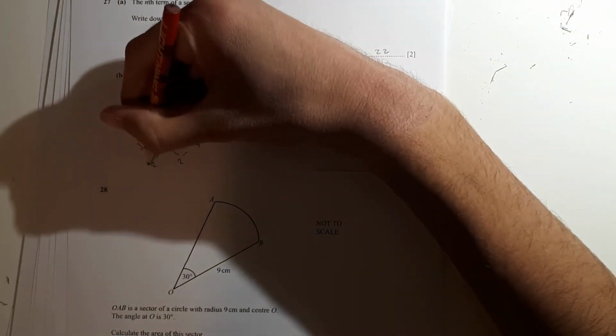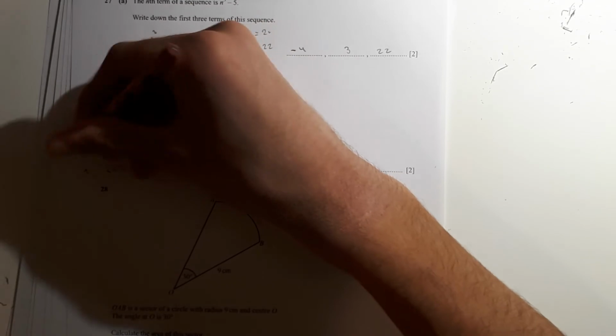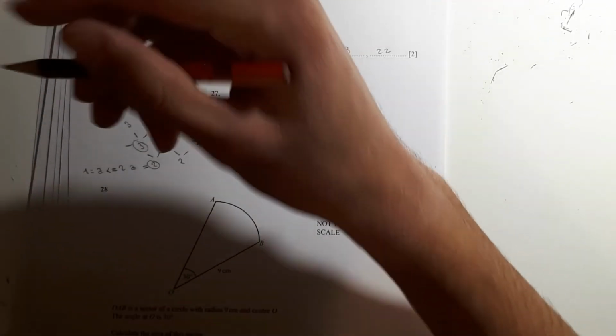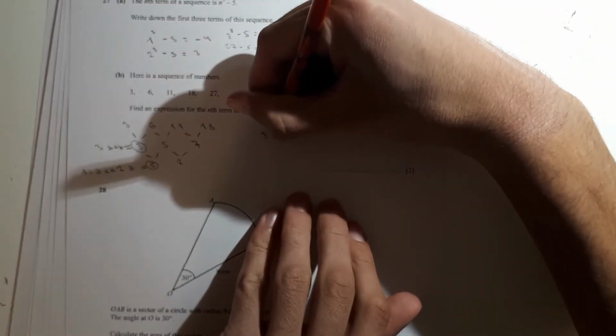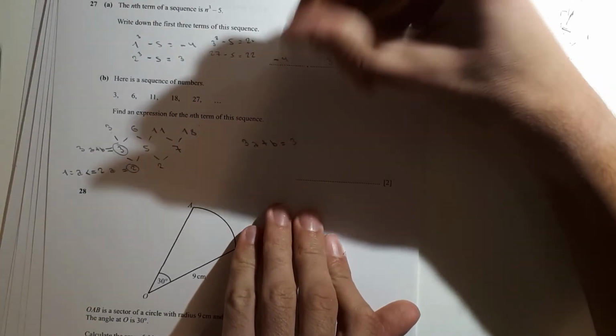So we know that this number is equal to 2a, that this is equal to 1, so a is equal to 1. We know that this is equal to 3a plus b, so 3a plus b is equal to 3.